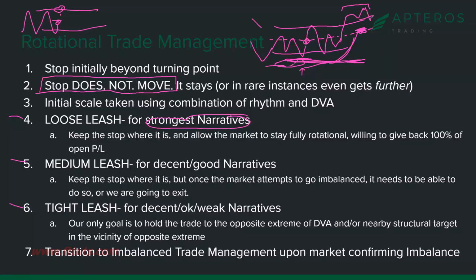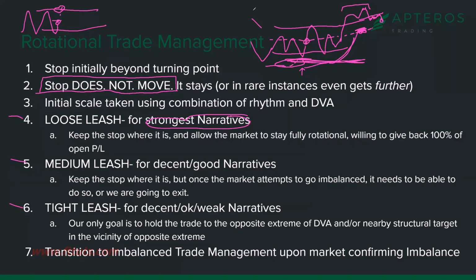And if we come in here and start to hold and we can't get back out, the sellers start to push it down. That's not looking good, right? We could exit. That's more of a medium leash. The tight leash: it's a good enough narrative to put a trade on, but there's some dissonance. I'm not expecting much, but hey, we'll see.